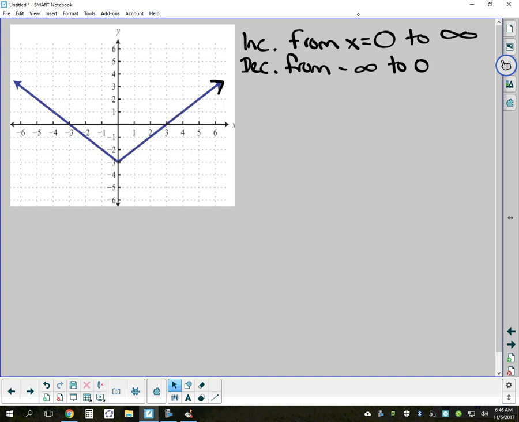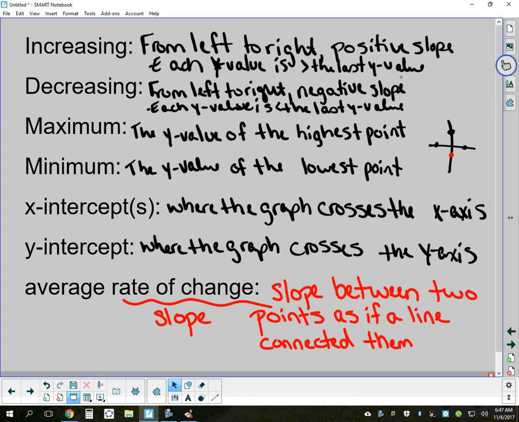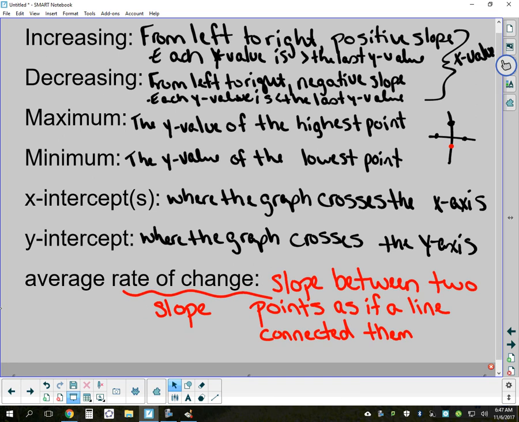We don't even have to put x equals. Whenever you're talking about increasing and decreasing, you're talking on your x axis. You're not looking at your y, so it's just your x numbers. So increasing and decreasing, maybe you could even jot that down back here. You're always talking about the x values that it's happening on.